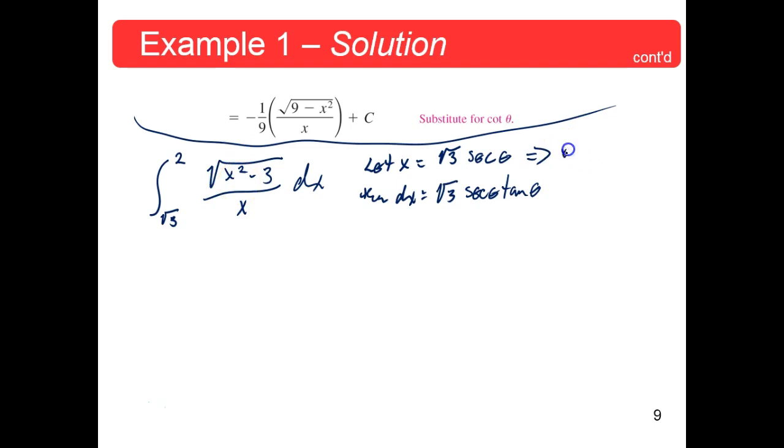Okay. So x squared would be 3 secant squared, right? That's pretty easy. And when you subtract 3 from that, x squared minus 3, which is what we have in there, x squared minus 3 will be 3 times secant squared theta minus 1, right?